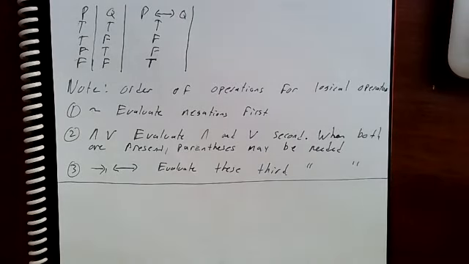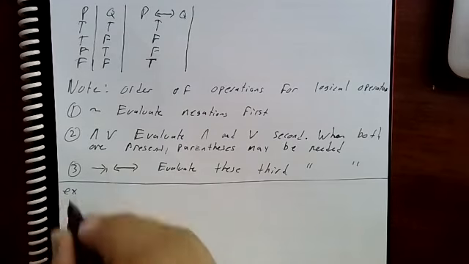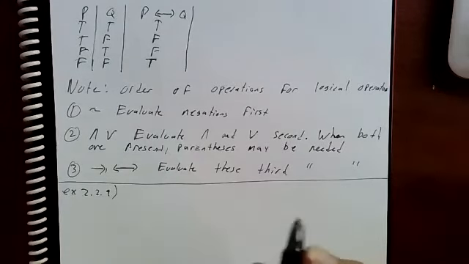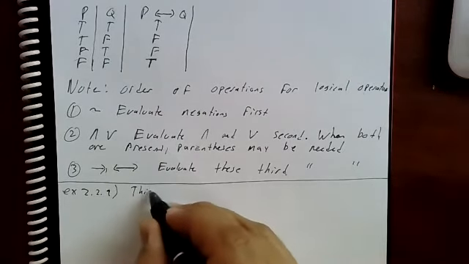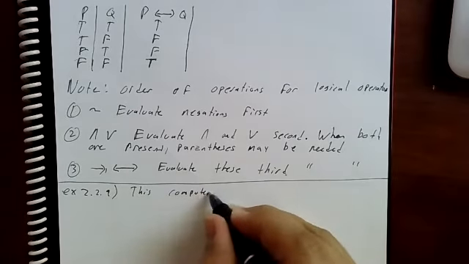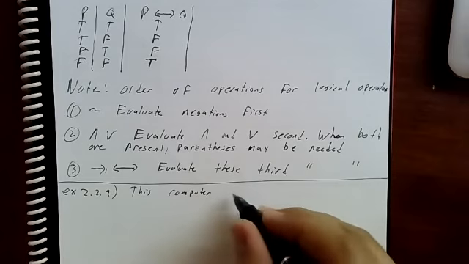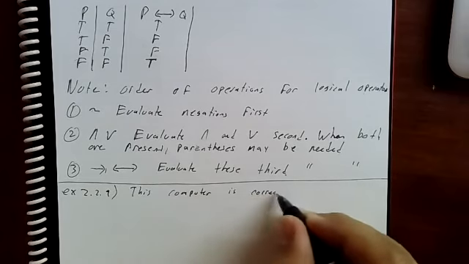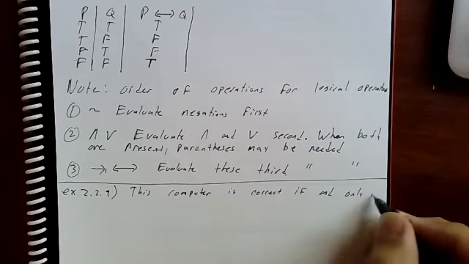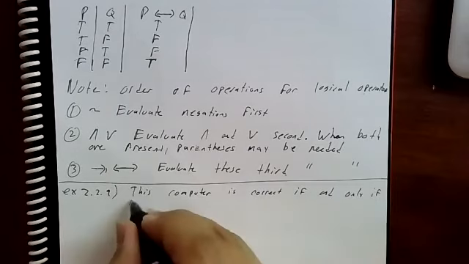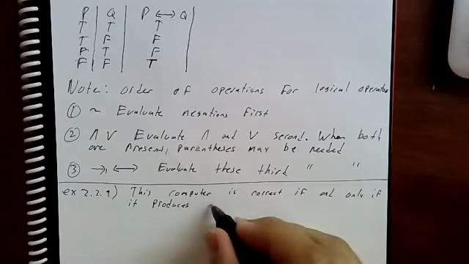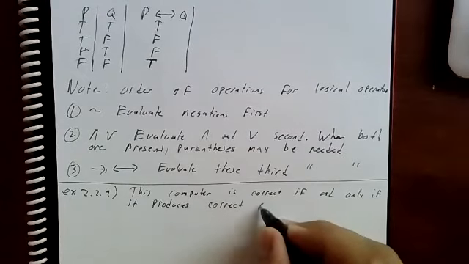Okay, so let's do one last example and call it a day here. 2.2.9. I don't think I have time for the truth tables, but this computer is correct if and only if it produces correct answers.